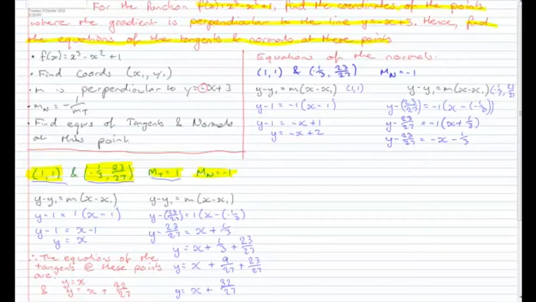Add the 23 over 27 to the other side now, so you get y is equal to -x minus 1/3 plus 23 over 27. Use a common denominator, so you get y is equal to negative x minus 9 over 27 plus 23 over 27, which gets us y is equal to negative x plus 14 over 27.